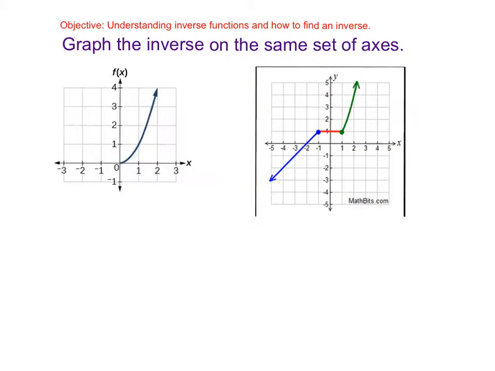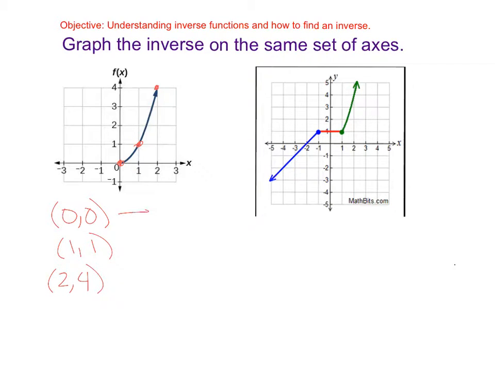All right, last one. Graph the inverse. So the easiest way to graph the inverse, especially if it's not something you know about, what I do is I just write down points. So this actually, if you notice, this is half of a parabola. So I have 0, 0, 1, 1, 2, 4.